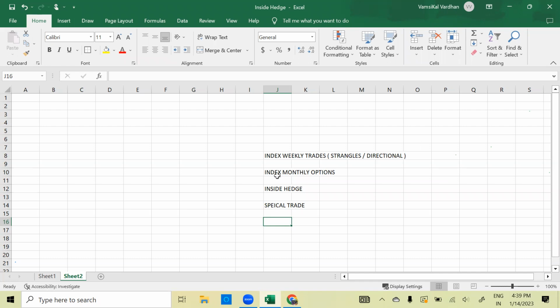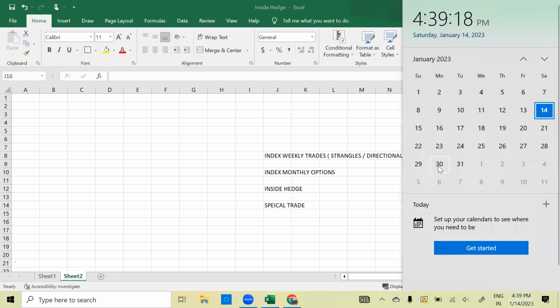But monthly, presently, we can avoid because there are only 8 sessions left in January. Next week 5 days, and the further next week 3 days because Republic Day is there. This Friday, Monday, Tuesday, these 3 days nothing happens because the budget is on Feb 1st, so you won't get any decay.